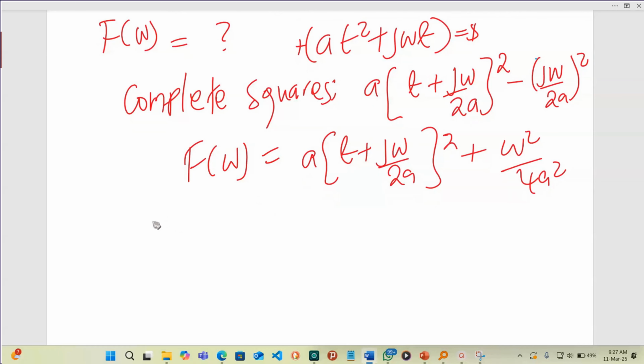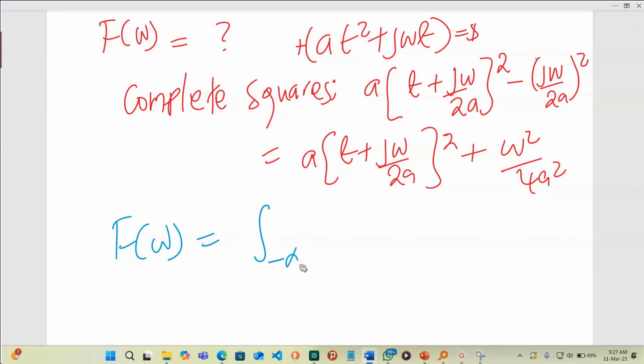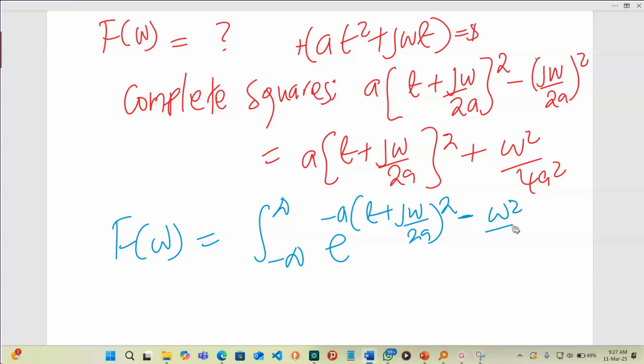So our F omega becomes integrating from negative infinity to infinity of exponential of negative a into t plus j omega out of 2a, everything squared, then minus omega squared out of 4a squared.